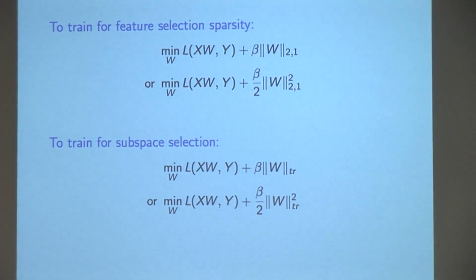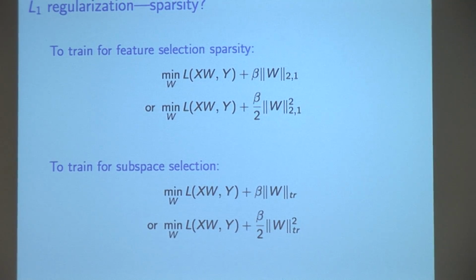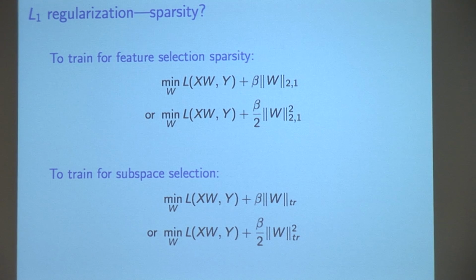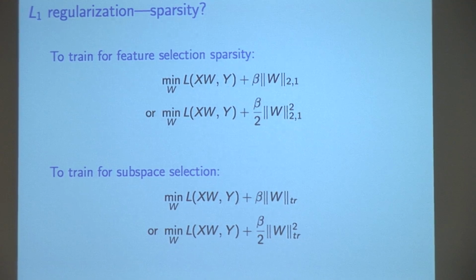There was a question over here. Yeah? So I'm sorry, I'm a bit lost. Isn't it the same as subspace? Well, excellent question. I didn't explain this well. What's the difference between what's going on here and what's going on here, at least intuitively? They're both doing dimensionality reduction. If I zero out a row, I've definitely dropped the rank of the matrix.